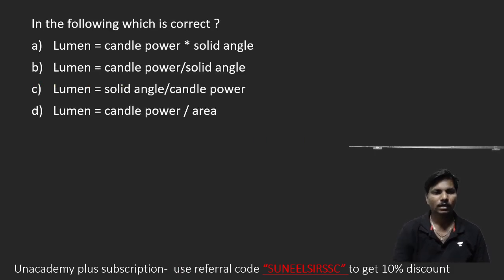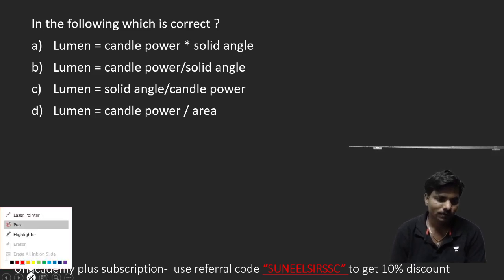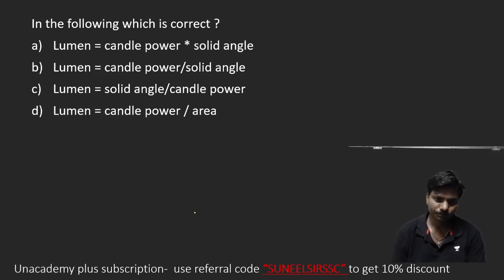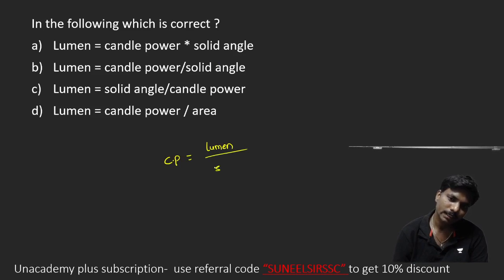Coming to the next one. In the following, which is correct? Very important one, very easy one also. We know very well candle power is equal to lumen per steradian.